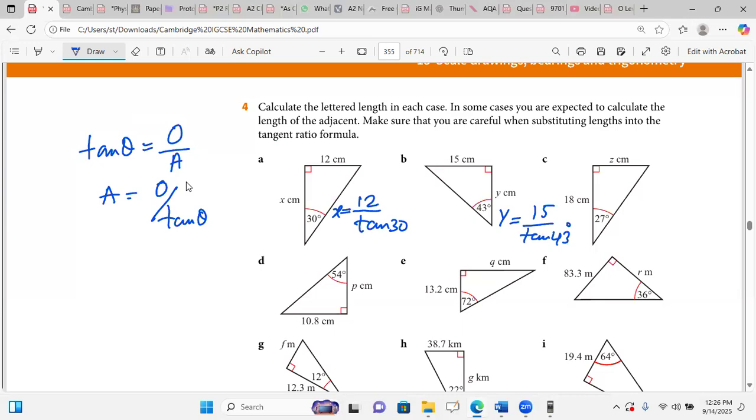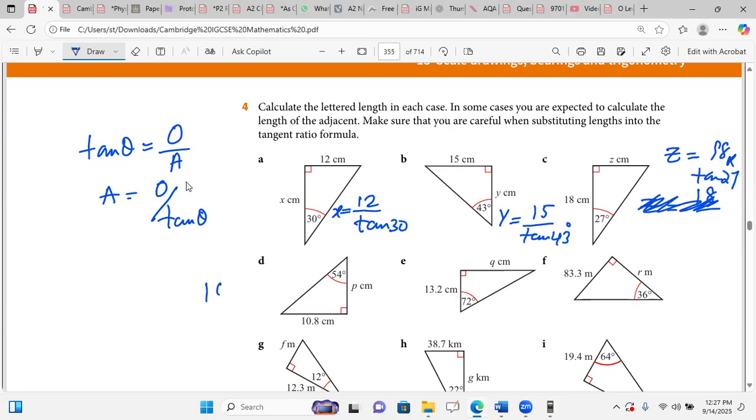For this one, I will say here, you want to calculate z again, then it will be 18 divided by, no, he is not asking for adjacent. Here he is asking for opposite over there. So I will use here the previous phenomenon in which z is equal to 18 multiply tan 27 can be taken into account. For D, he is again asking for adjacent.